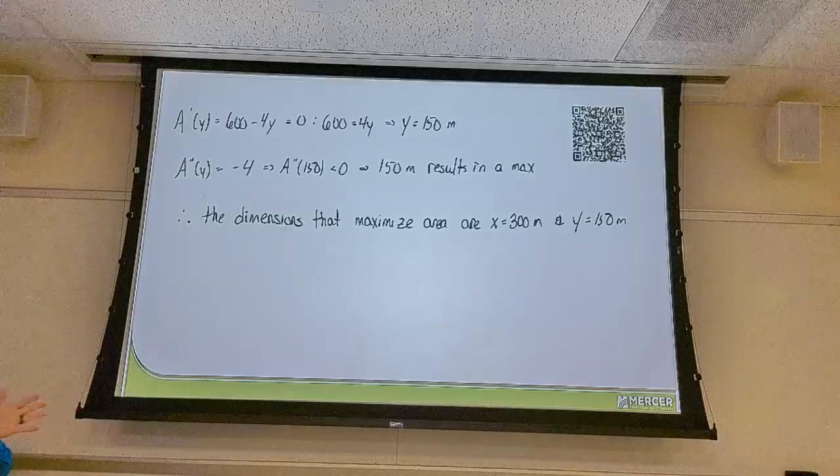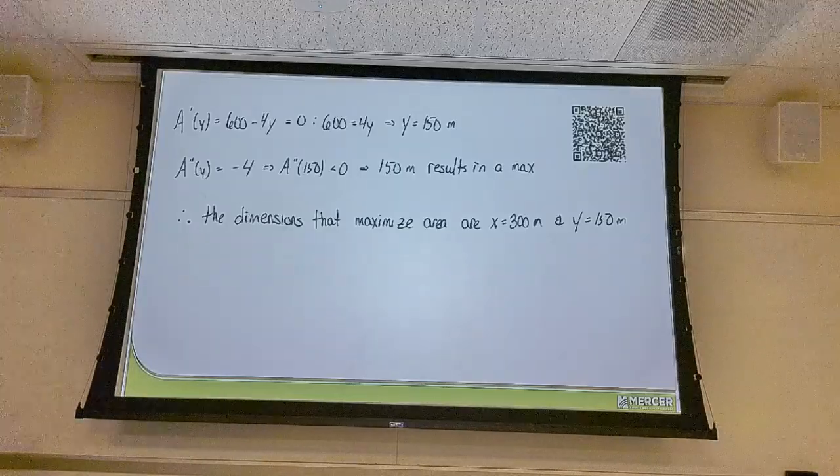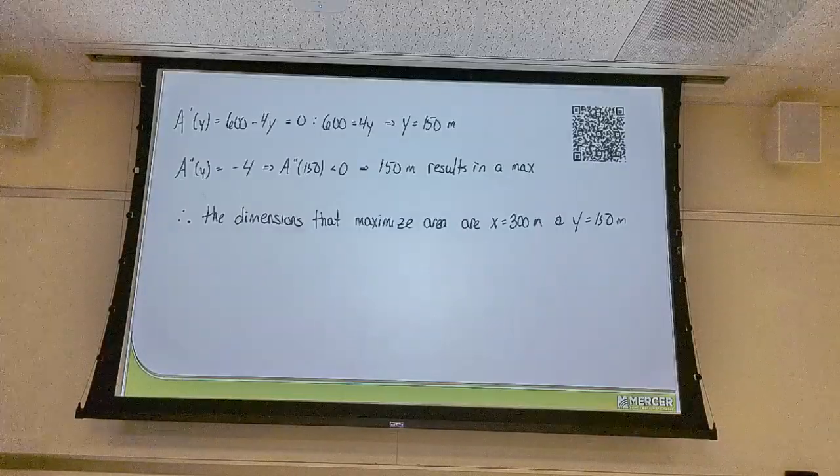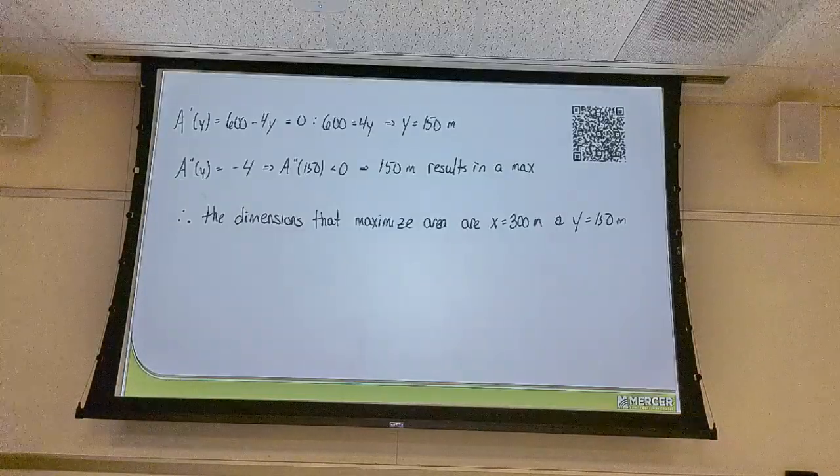So 300 meters running parallel to the river, and then 150 meters perpendicular to the river. Those are the dimensions that would maximize area.